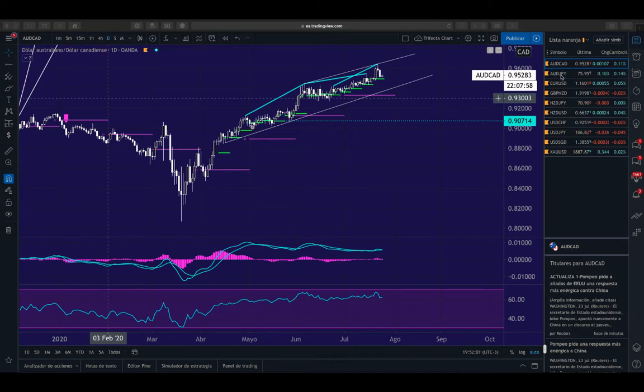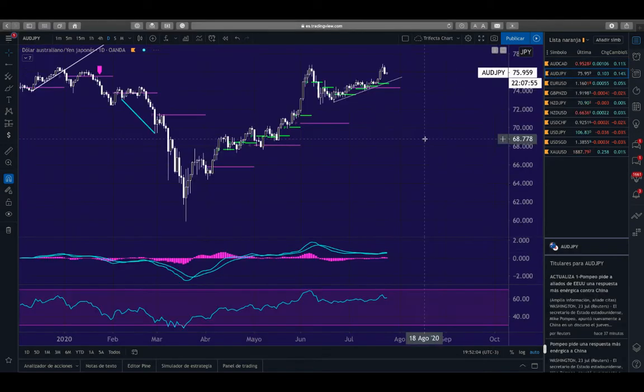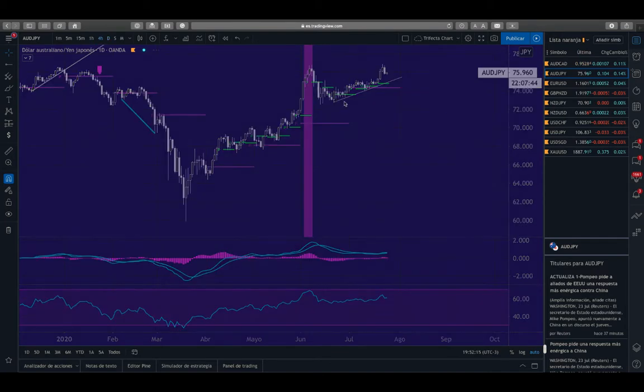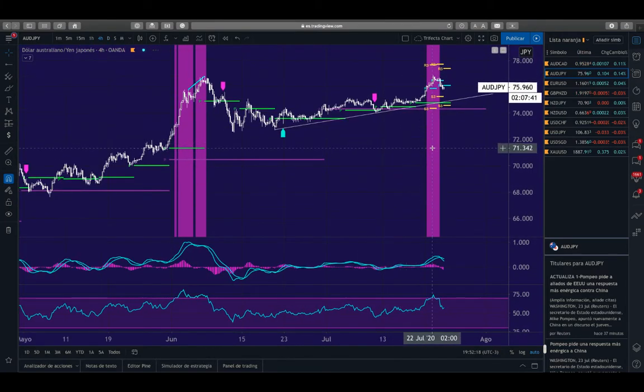Okay, now the Australian dollar against the Japanese yen, we can see a nice double top over here with MACD divergent and with RSI 28 divergent as well. And in the 4 hour chart, we can see RSI 5 showing us the oversold, overbought levels here in RSI 28, and at the same time multiple time frames with the same perspective, with the same thing in their charts within all the traders in the world.